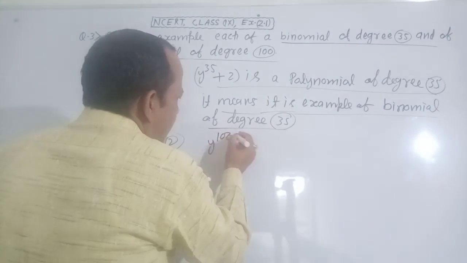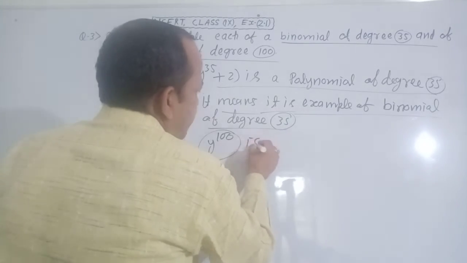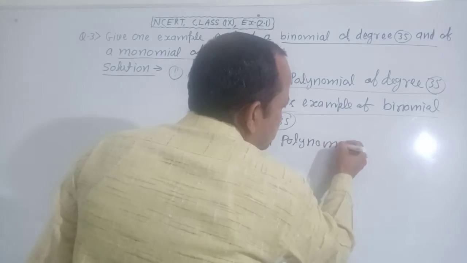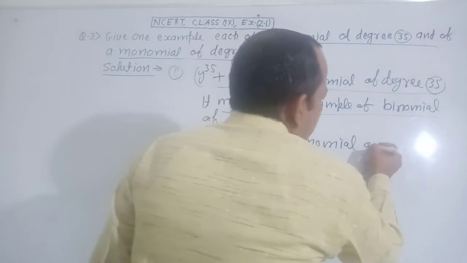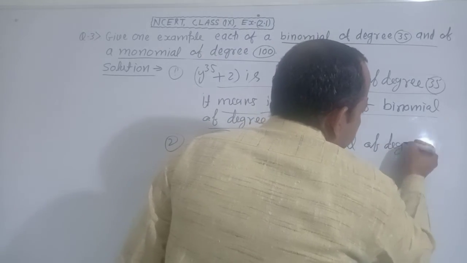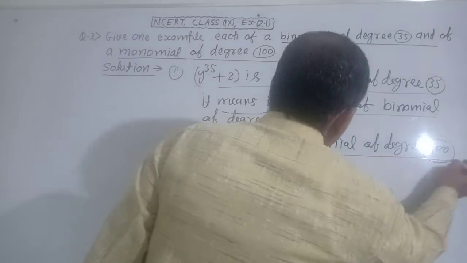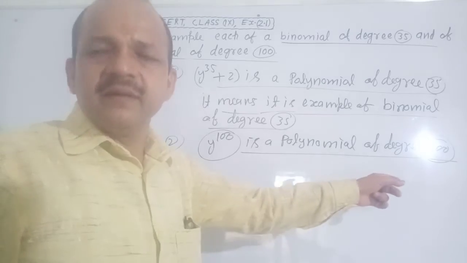Next, y power 100 is a polynomial of degree 100.